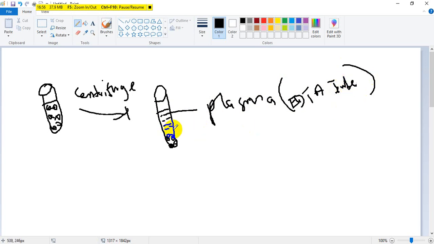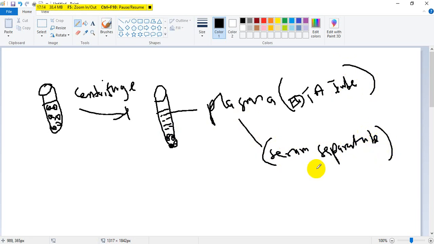Then if it is found in the serum separator tube, it becomes what? A serum.